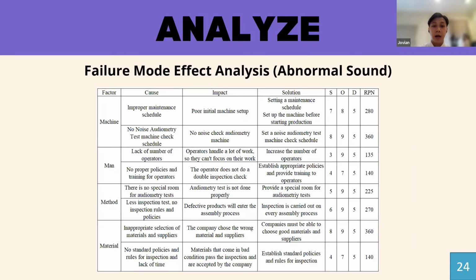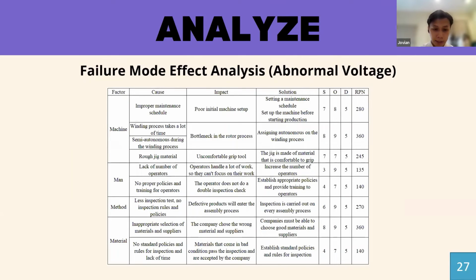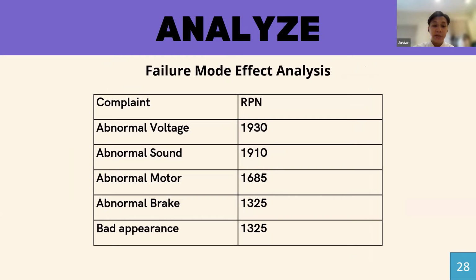This is for abnormal sound, and then abnormal motor, abnormal brake, and abnormal voltage. And this is the recap of the total RPN score for each complaint. The complaint with the highest RPN score has the greatest risk, so it must be resolved as soon as possible. The complaint with the highest RPN is abnormal voltage, and the second one is abnormal sound.